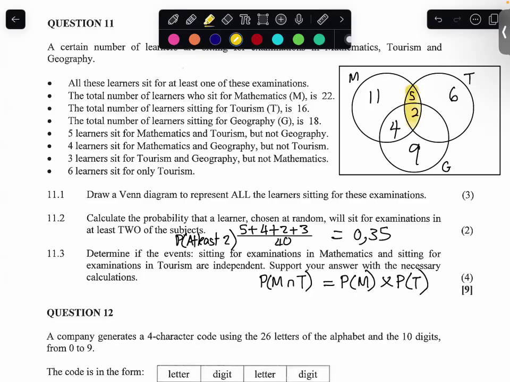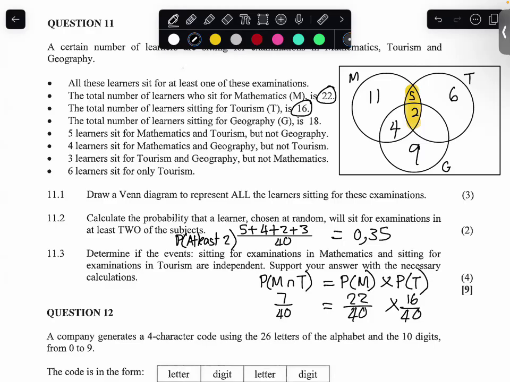This is M and T. And that is 7/40. Probability of M and T, the overlap between mathematics and tourism, is 7/40. Then the probability of mathematics alone is 22/40. So it's 22/40 times the probability of tourism alone, which was 16. This was 22/40. This is 16/40.